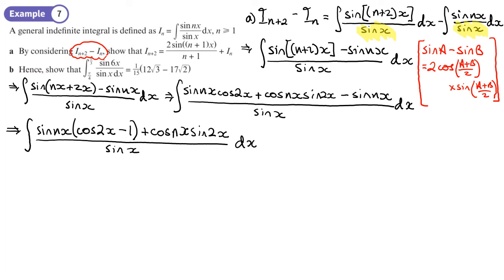Then next I'll be thinking about double angles. I'd be thinking about replacing this here with, let's say, 1 minus 2 sine squared x, because then the 1 here and that negative 1 would cancel out. And I'd also be looking at the sine 2x here and thinking, right, let's replace this with 2 sine x cos x.